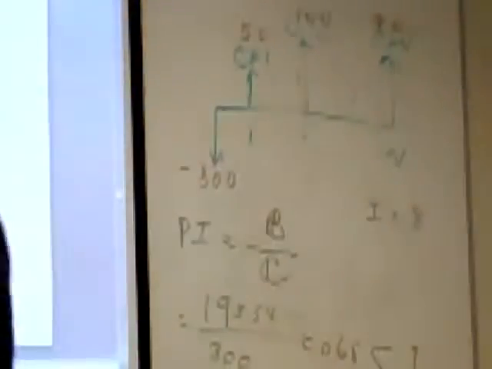So 195.54 divided by 300 equals 0.65, which is less than 1. Since the PI ratio should be higher than or equal to 1, and this one is less than 1, we reject.